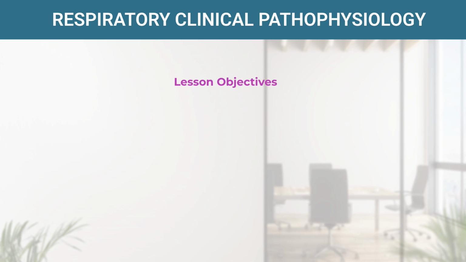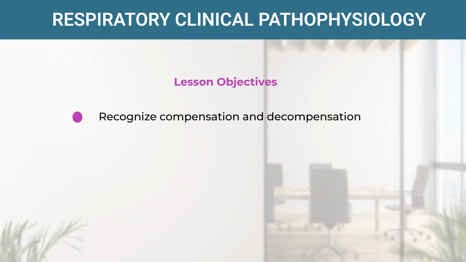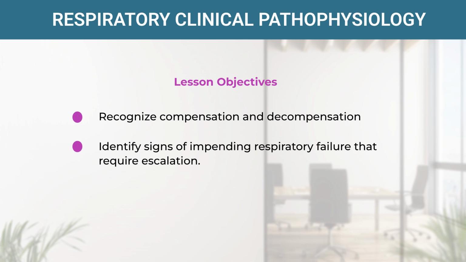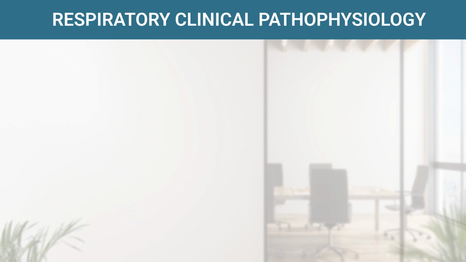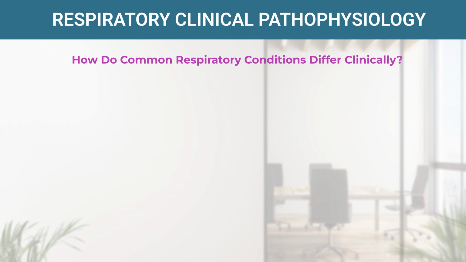By the end of this lesson, you will be able to recognize compensation and decompensation, identify signs of impending respiratory failure that require escalation. Let's start by asking, how do common respiratory conditions differ clinically?